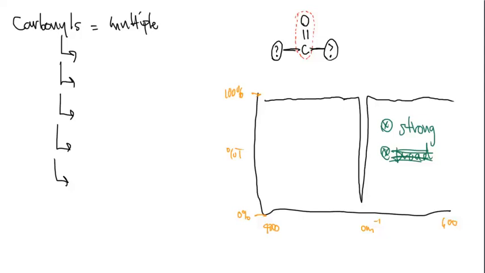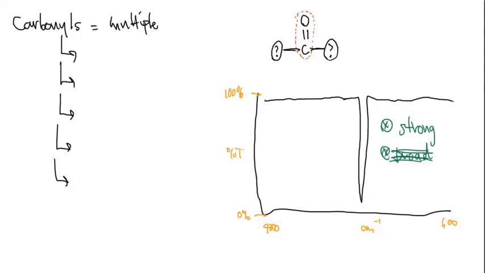Sometimes these are pretty fat peaks, and other times they're very narrow peaks. But we're not going to give it a label as broad or narrow because we do see it alternate quite a bit depending on the type of carbonyl. But we can at least call it strong because in every single case, traditionally this peak is very deep. It goes all the way to the bottom and then all the way back up.